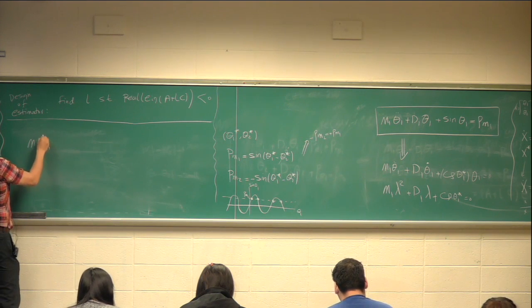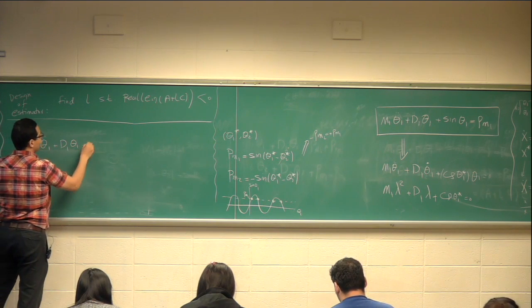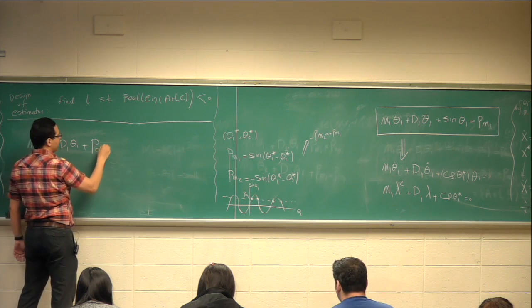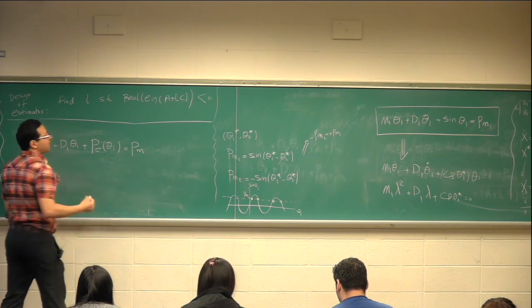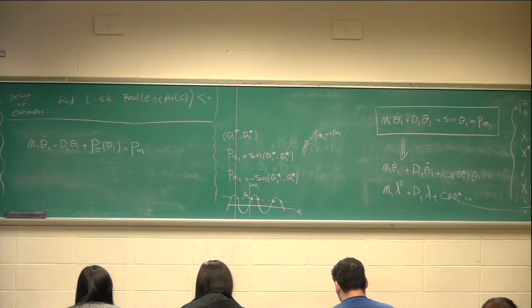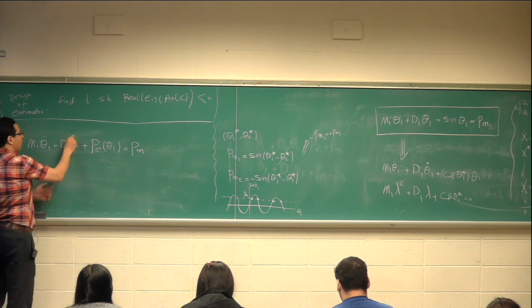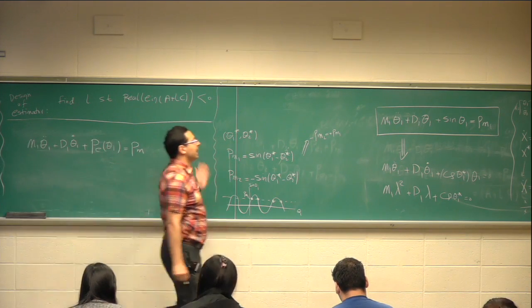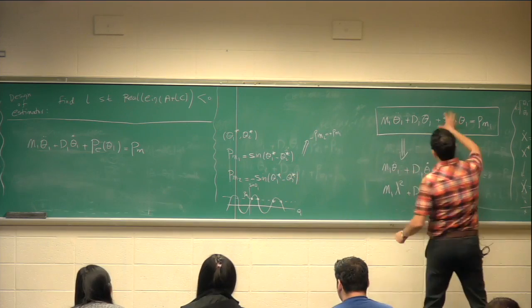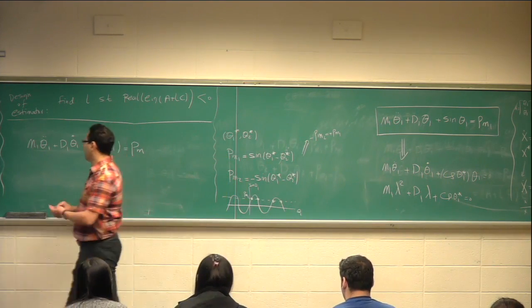M1 theta 1 double dot plus D1 theta 1 dot plus electrical power, which in that case was sinusoidal, is equal to the mechanical power that you put in the system.